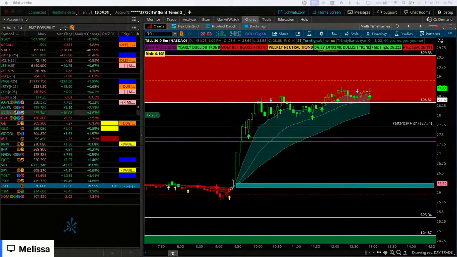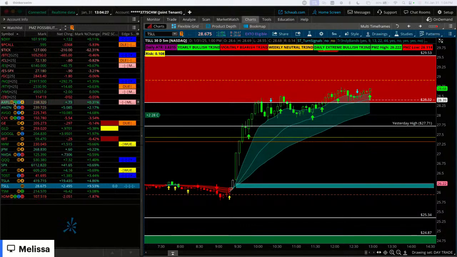The names that you will see on this list of potential trades are names that, number one, are liquid, meaning there is a lot of volume on their options so that I, as well as the people who follow my trades, can get in and out of the trades easily.